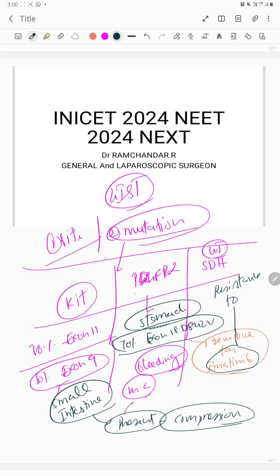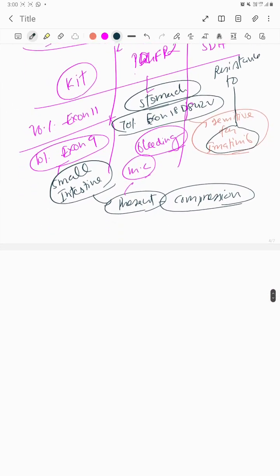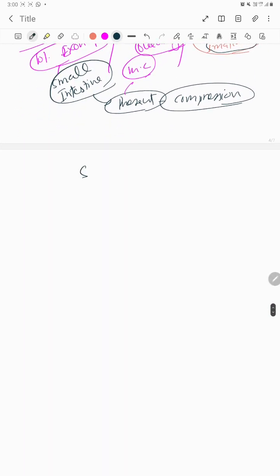And two important things you must know in SDH type of GIST. One thing is that there is absence of KIT and PDGF mutation, which makes it insensitive or resistant to imatinib, and it's exclusively seen in the stomach.